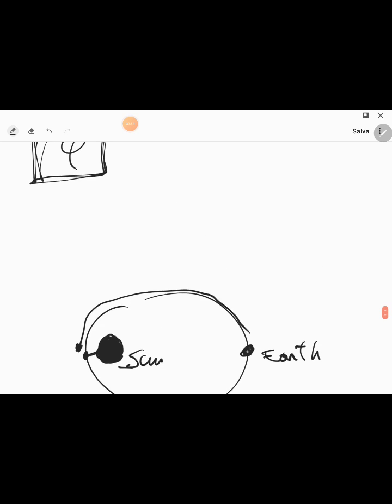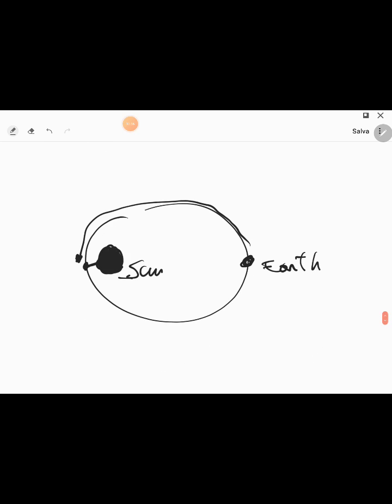Okay, now when Earth arrives near this point, perihelion, the orbit starts turning around this point. So the orbit starts turning around perihelio in this way.